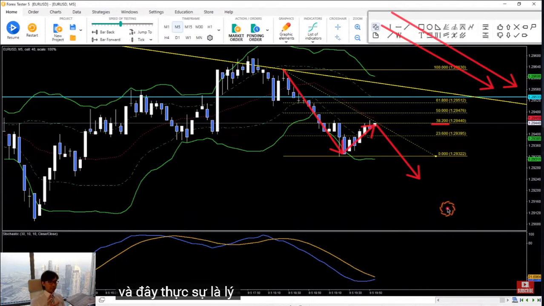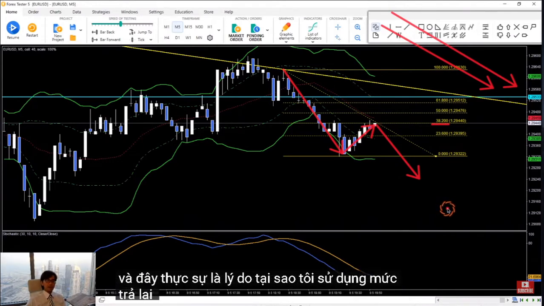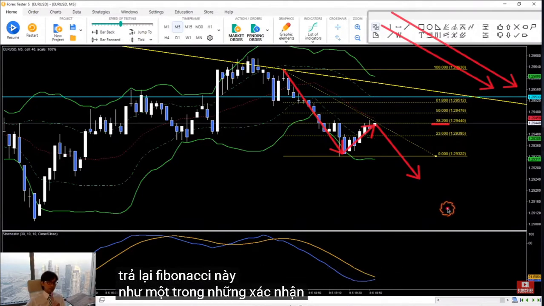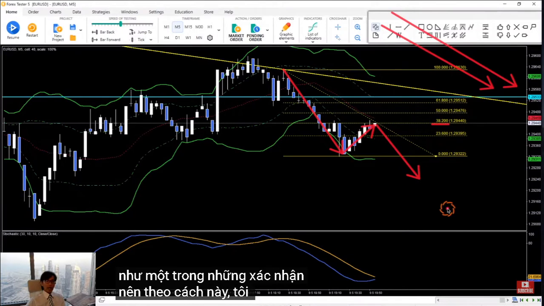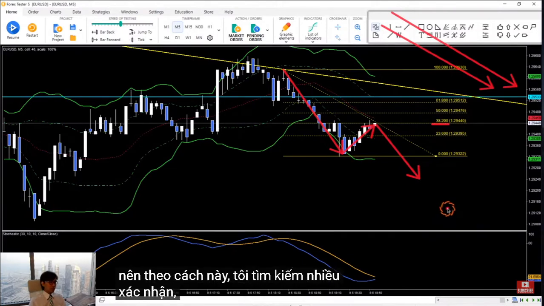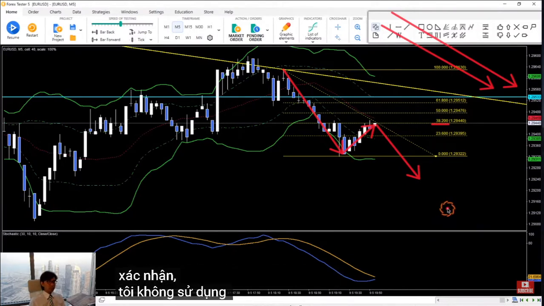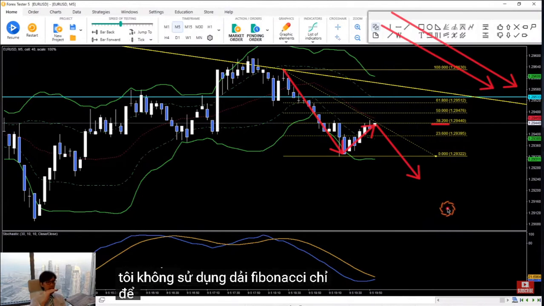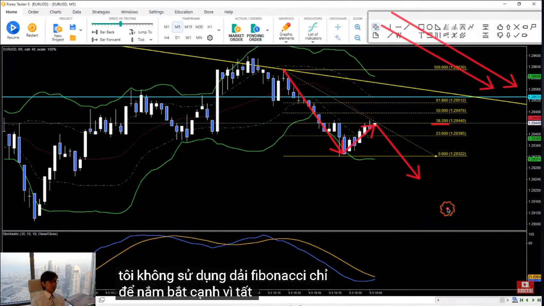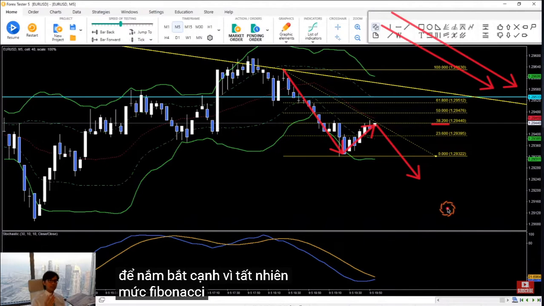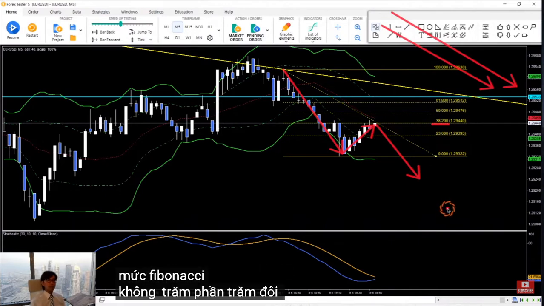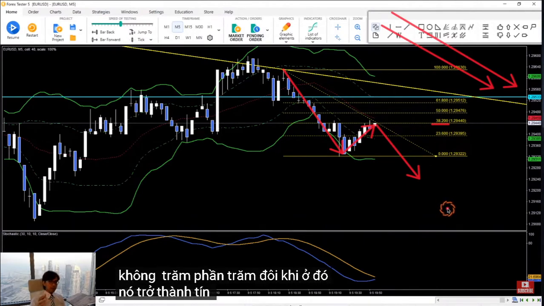And this is actually why I use this Fibonacci bounce as one of the confirmations. So in this way, I look for multiple confirmations. I don't use the Fibonacci bounce only to capture the edge, because of course the Fibonacci level is not 100%. Sometimes it becomes a fake signal.